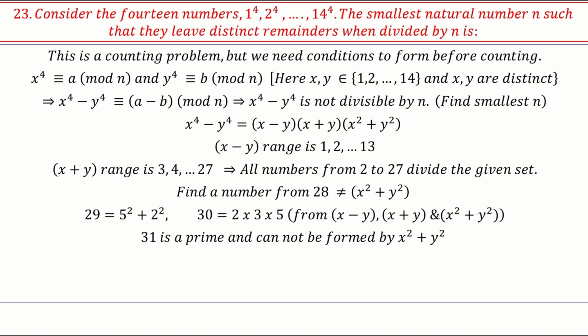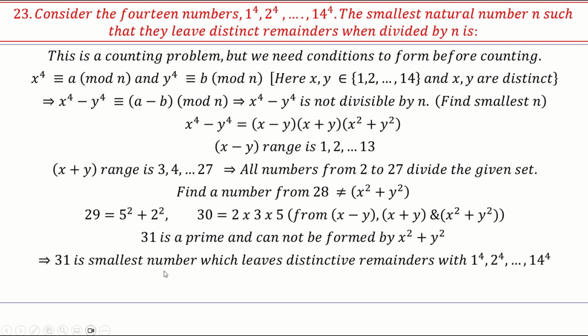So 31 is a prime, and it cannot be formed by x square plus 1. Which means 31 is the smallest number which leaves distinct remainders when you divide these numbers with 31. 31 is the answer. N is 31.